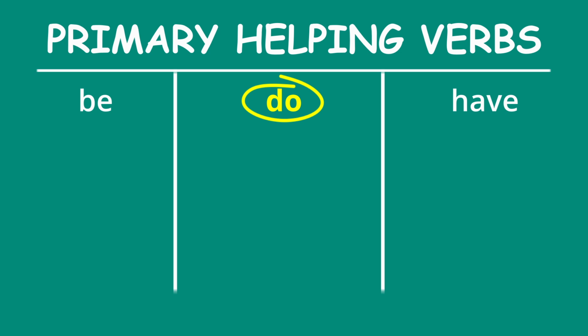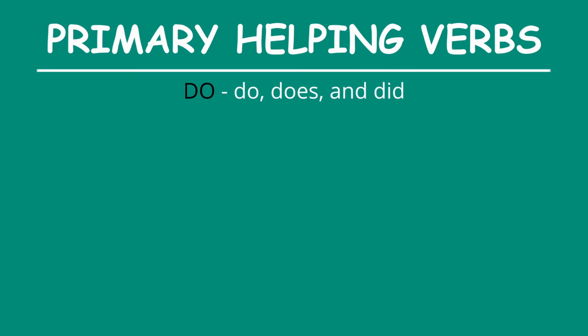Let's move on to the primary helping verb do with its forms do, does, and did. The helping verb do is used to express emphasis in the simple tenses in English. That is, the simple tenses of past, present, and future. In other words, they add emphasis to a statement, making it stronger and more assertive.